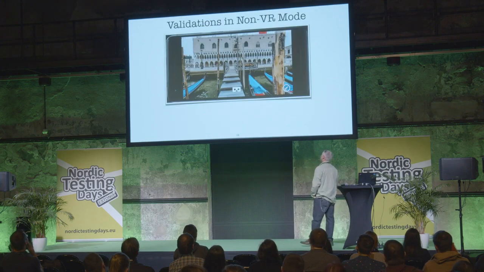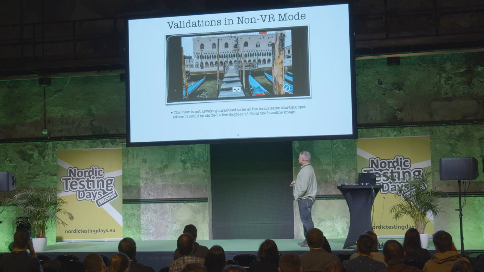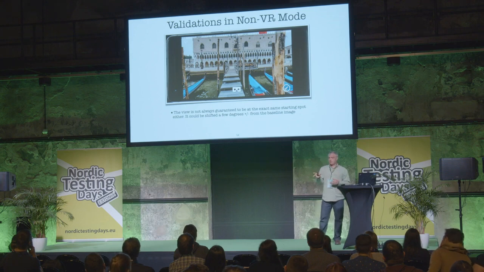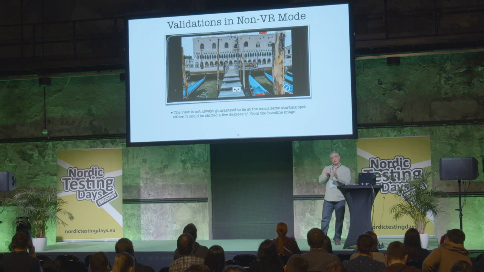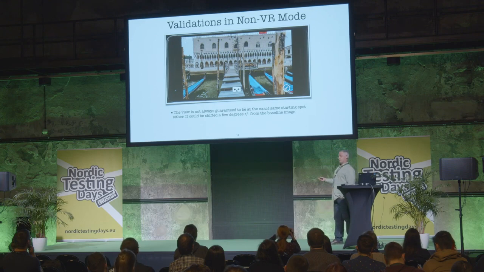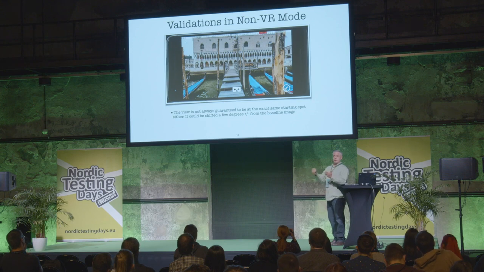So validations in non-VR mode. The difficult thing is a lot of times when you get into the application itself, it's not going to be in the exact same place that you need it to be to start your test. And so this becomes a pain point, especially if you're going to do a visual validation, because it might be shifted over right or left a few pixels.